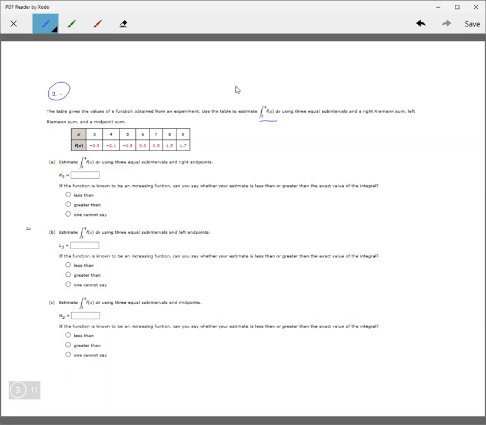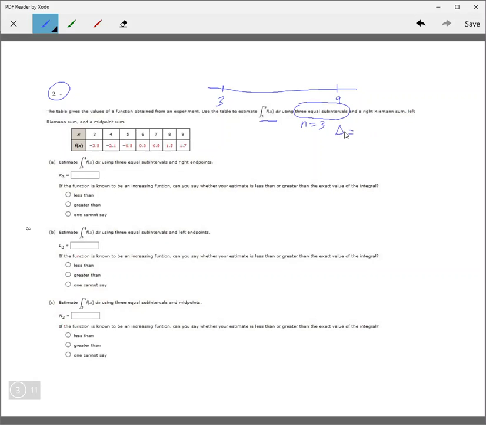Okay, so we have an interval from 3 to 9, and we're going to do 3 equal subintervals. So that means n is 3.